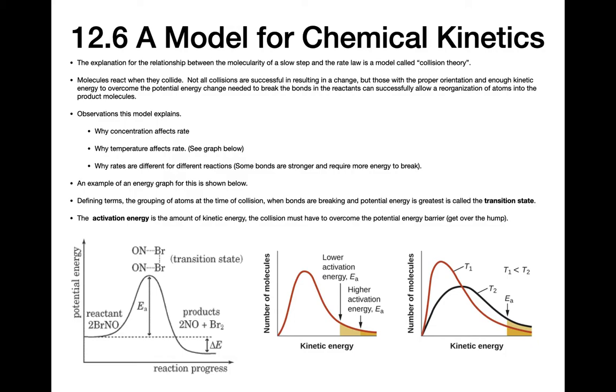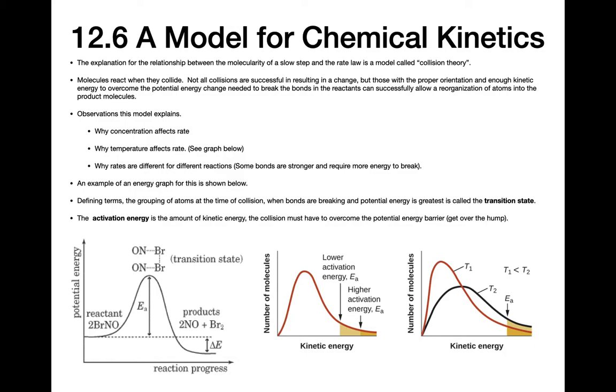We call the height of the energy hill the activation energy. So if the activation energy is high, then you've got to have a lot of collision energy to break the bonds before you can form the products. So the activation energy is that energy hump that you have to get over in order to get to the product side.